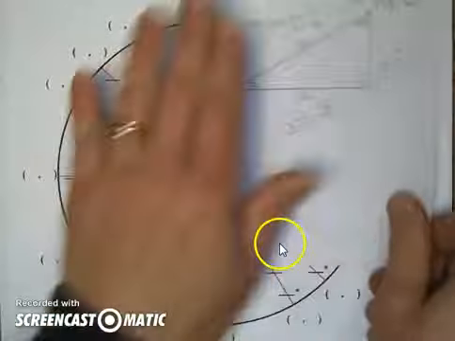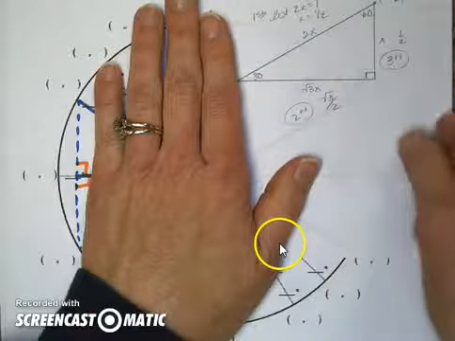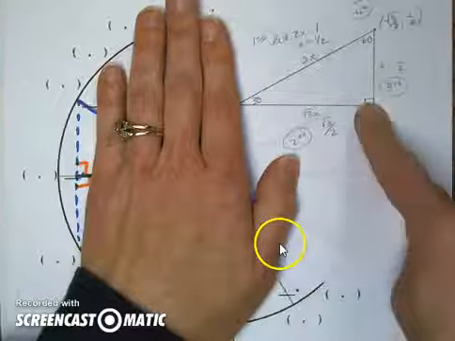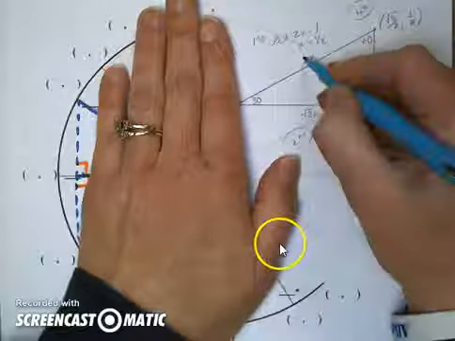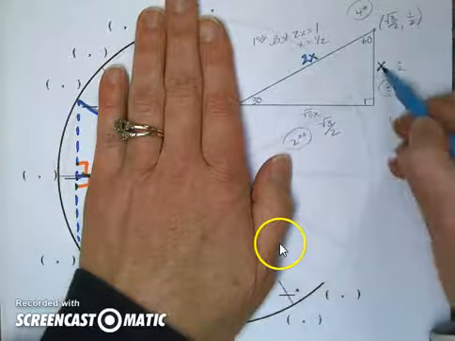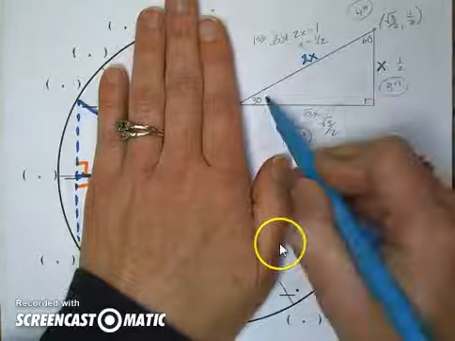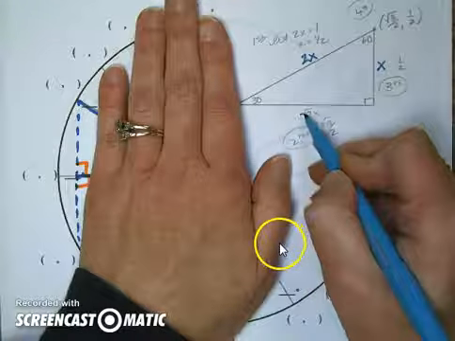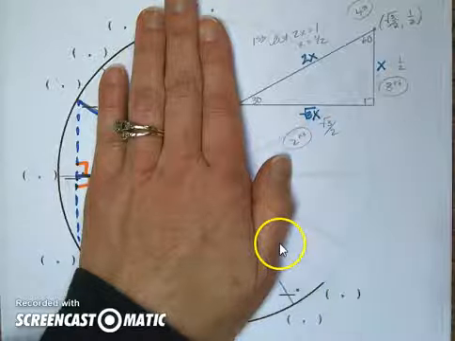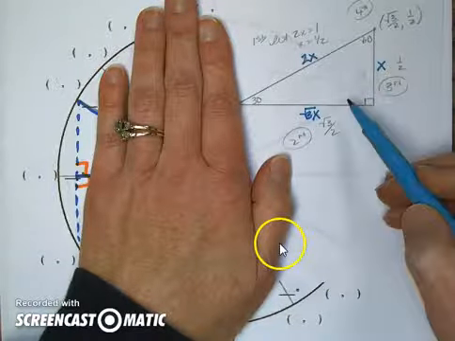Let's just look at this for a minute. If you have 30 degrees right here, remember from geometry how the side opposite the 30 degrees was x, the hypotenuse was 2x, and the adjacent side was square root of 3 x. Well, this is a unit circle.